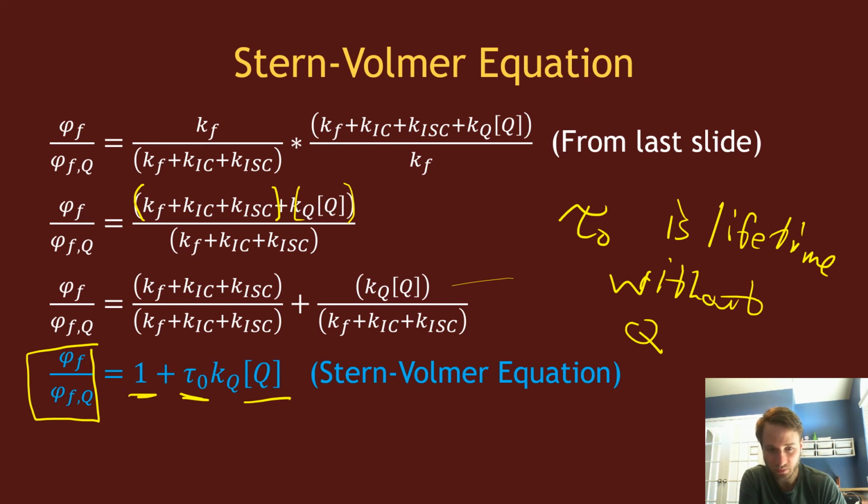The y-intercept is equal to 1, and the slope is given by tau naught times kq. You can measure the lifetime without the quencher outside of this experiment, which is an easy experiment to run. And so if you have that, then you can use this Stern-Volmer plot to get the quenching rate constant.